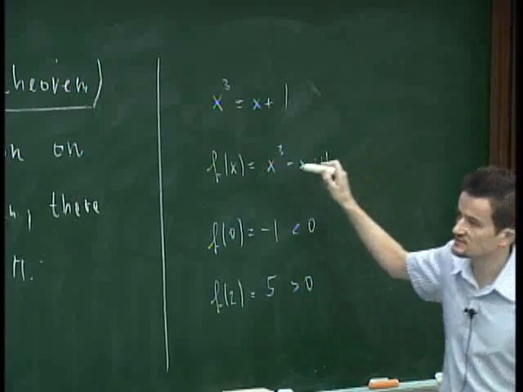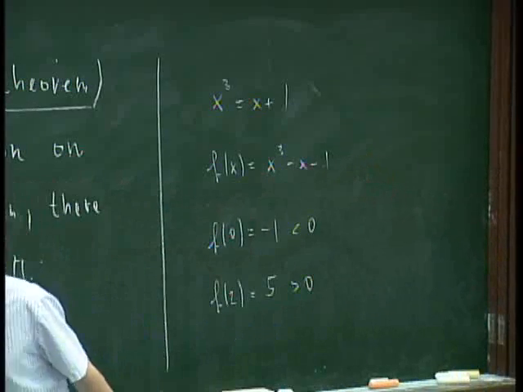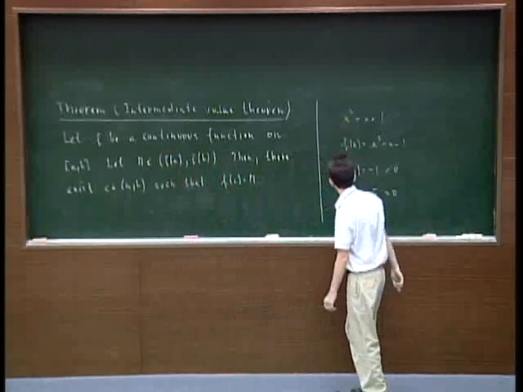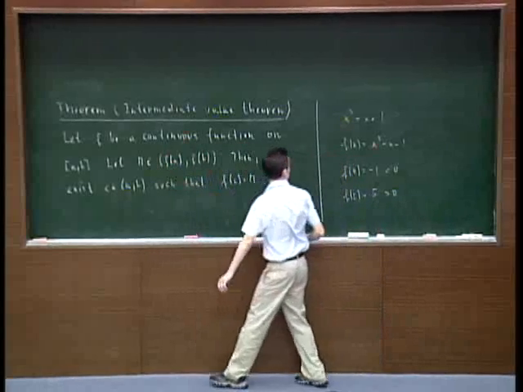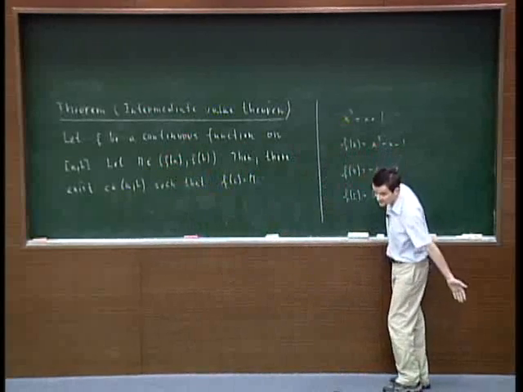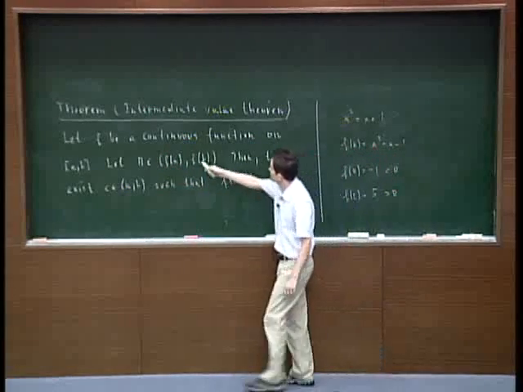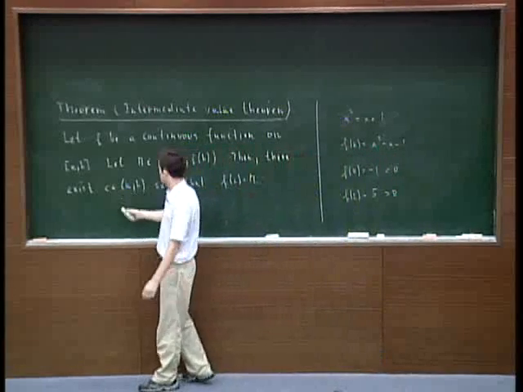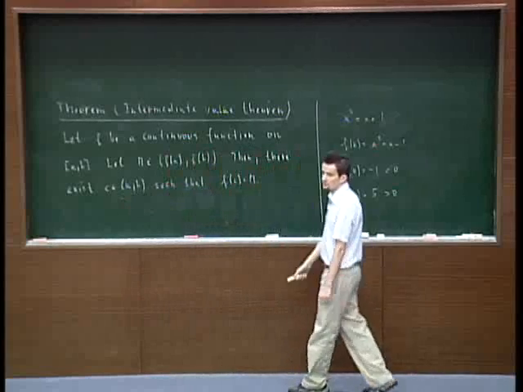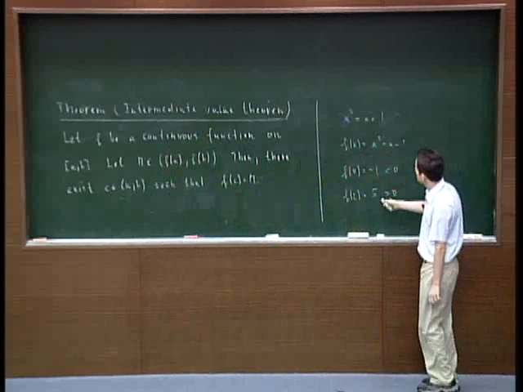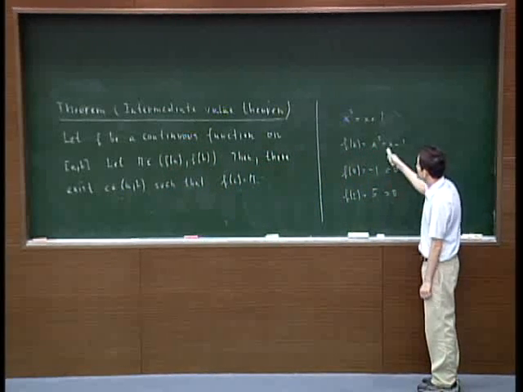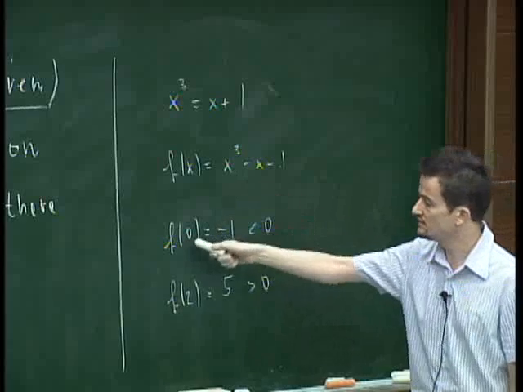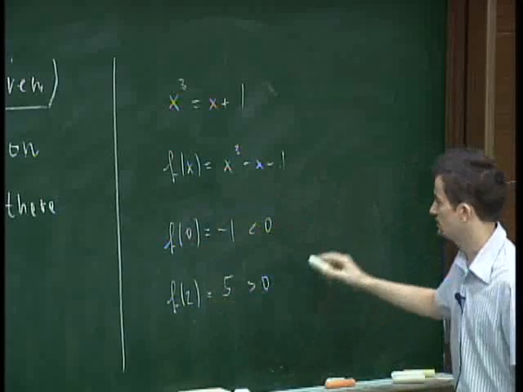And now, because this function is continuous on this interval, if we choose a value between -1 and 5, for instance 0, this result tells us there must exist a c such that f(c) is equal to 0. So in other words, from the intermediate value theorem, we get that this polynomial has a root between 0 and 2.